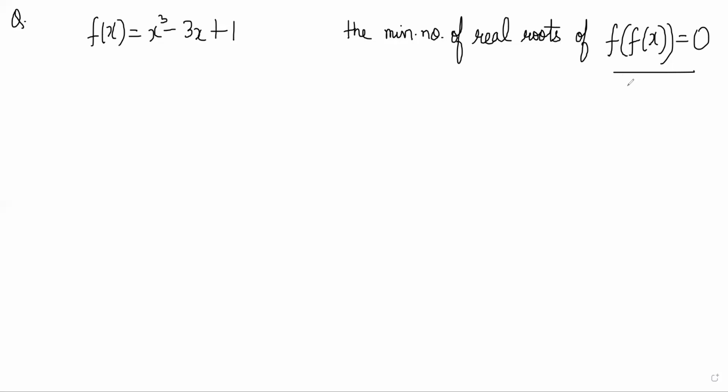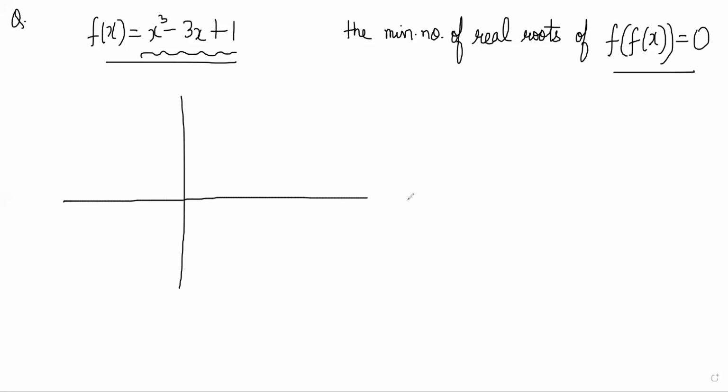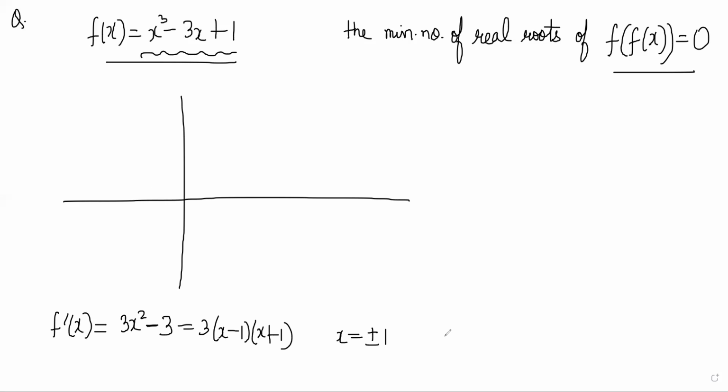In order to understand this, first try to plot the graph of f of x. f dash x is equal to 3x squared minus 3, which is 3 times (x minus 1)(x plus 1). Critical points are x equal to plus minus 1. f double dash x is equal to 6x.